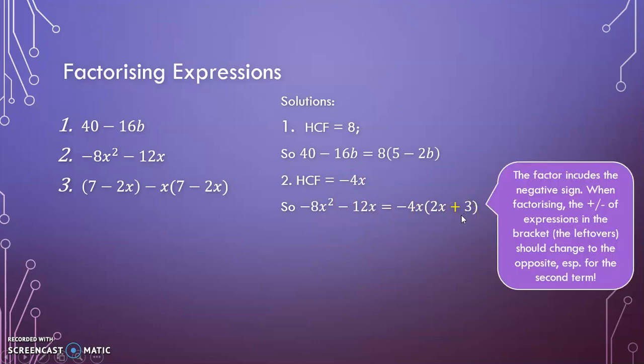So when the factor includes the negative sign, when we factorize, the positive or negative sign of the term should change to the opposite. If you were negative, it should become a positive. In the unlikely event that this is a positive term, if I take out a negative 4x, this should become negative in the bracket. It can also happen.